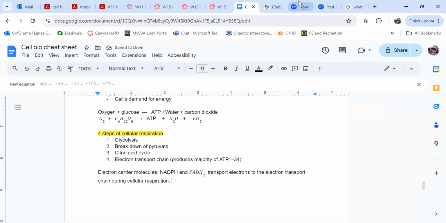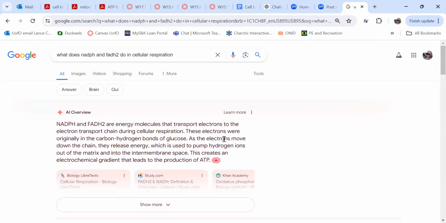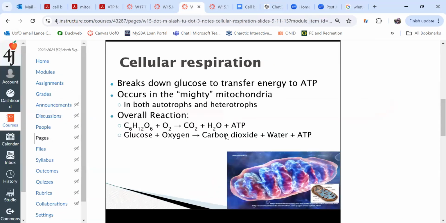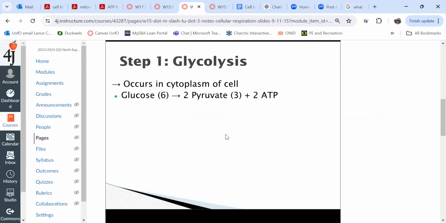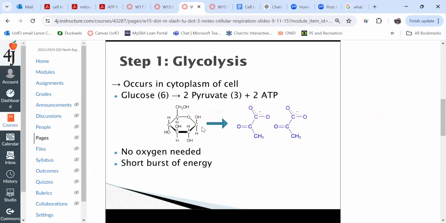Good. What else did it say? These electrons were originally in the carbon hydrogen bonds of glucose. Okay. Can we see that here? Glucose is broken down into 2 pyruvate. That's the glucose molecule.